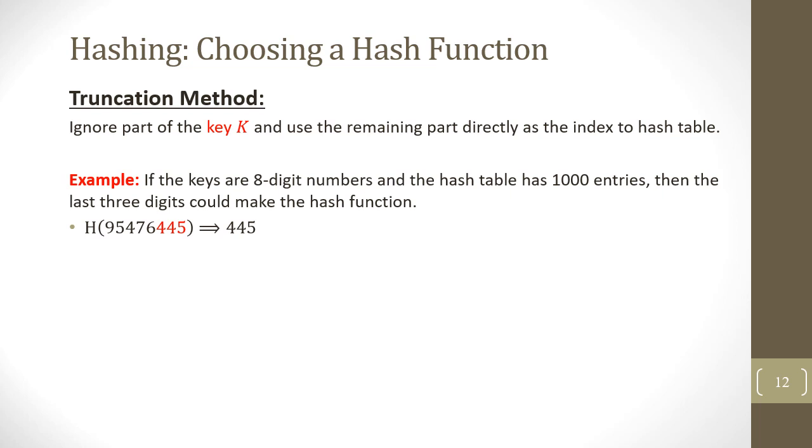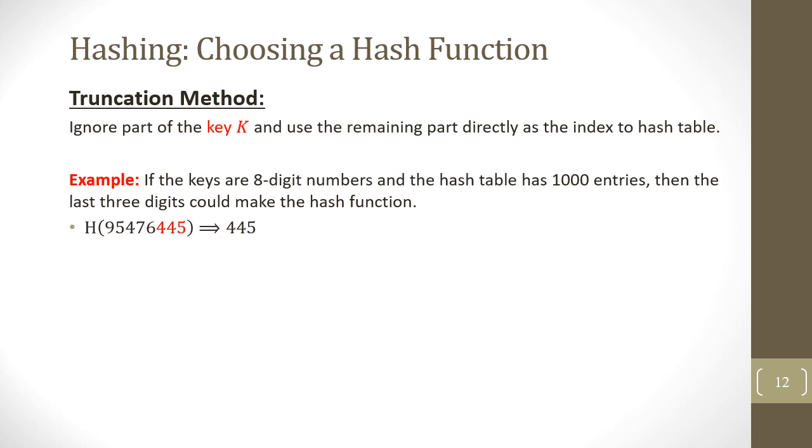We require 3 digits here, so we need index between 0 to 999. So if we have 100 entries in the table, we would only require 2 digits. In this case, we have 1000 entries, so we will be taking the last 3 digits.